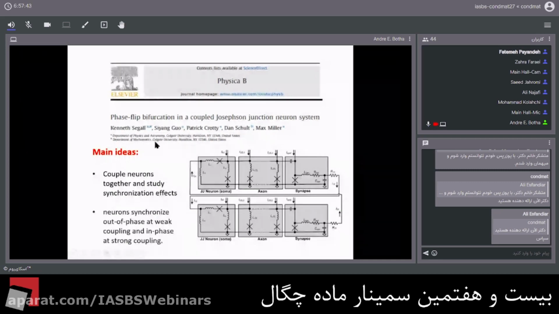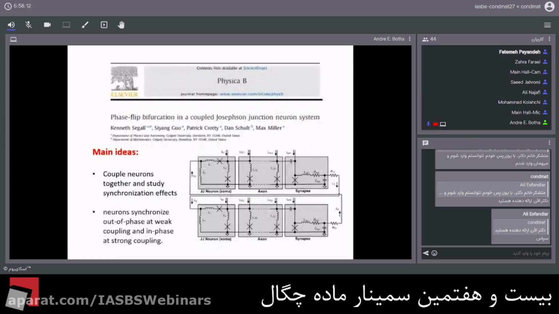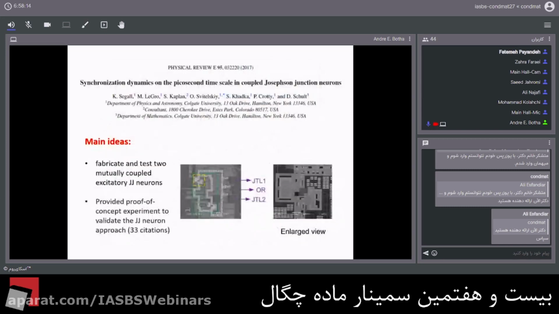Unfortunately, I think you can see the authors were at Colgate University in New York, which is probably not well known for its physics department. I think it's more of a liberal arts college. And I think it must have been very hard for them to find experimental collaborators at that stage, because in 2017, the same group finally managed to perform an experiment with the help of a consultant.